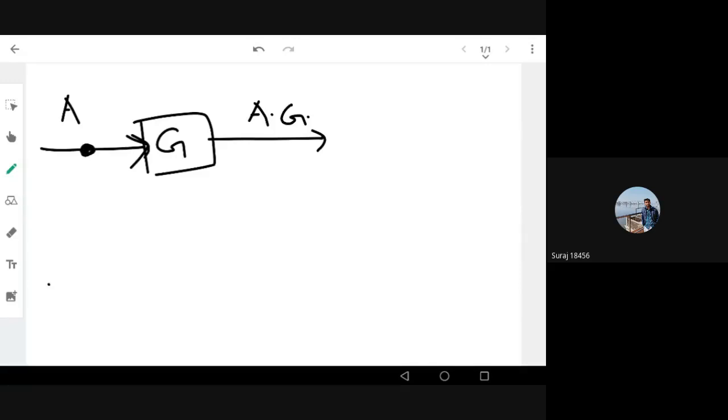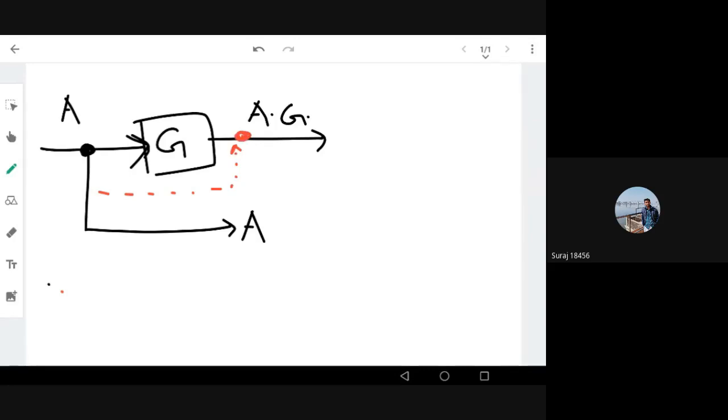Now there was a branching point before A is entering the block G or gain G. Right? So this point will have a signal A. Now suppose I want to move this node or this branching point to the right side of the gain. That means I need to move this to the right side.